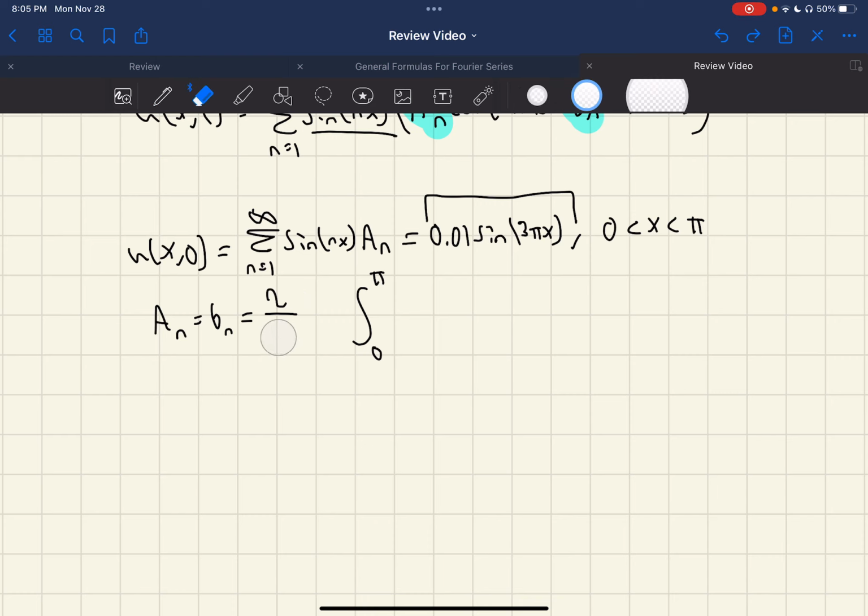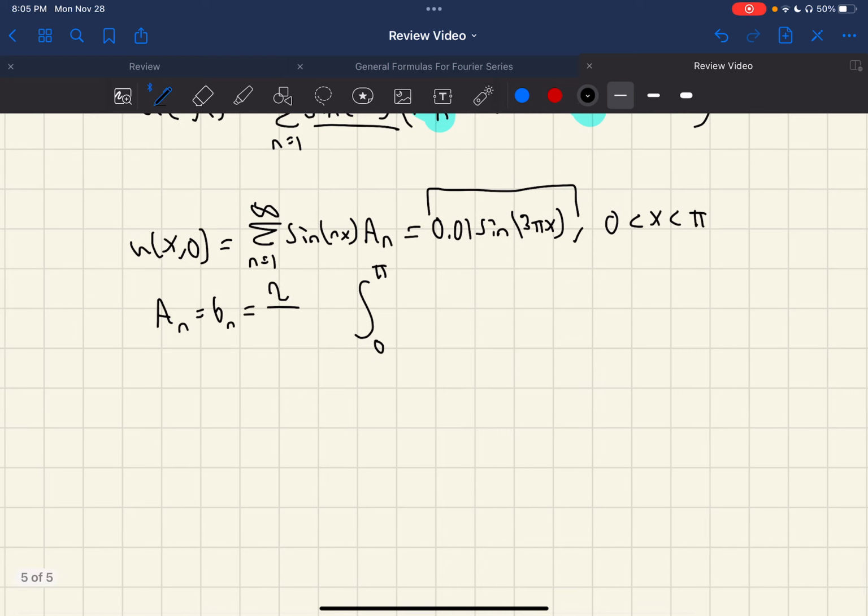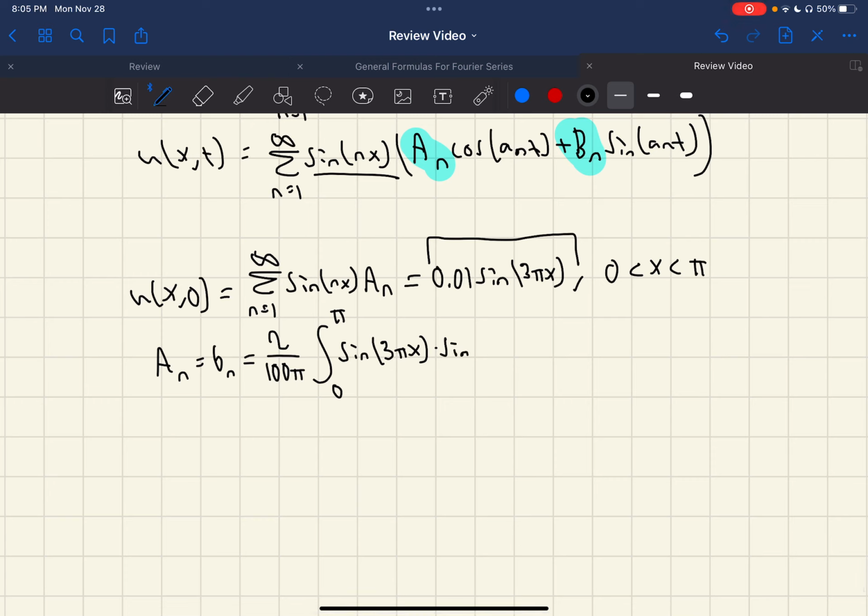Actually, let's just make it even simpler, the 0.01 becomes just 1 over 100. And then we have sine of 3 pi x times, we have to consider the sine nx, dx. So by finding this integral, we can figure out our first coefficient.